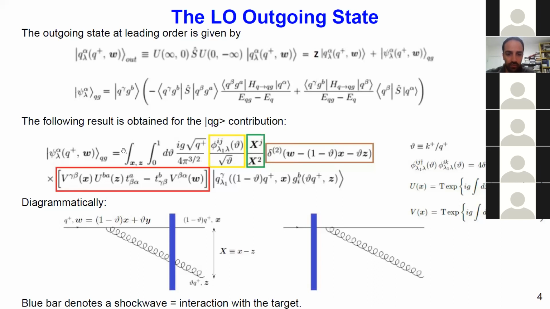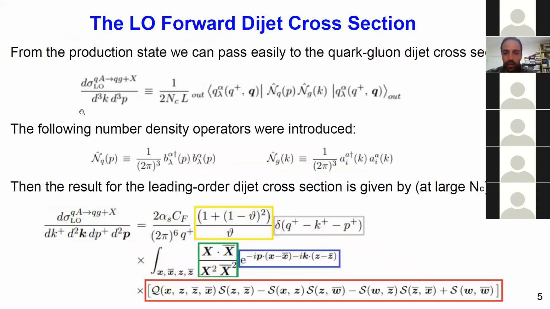Okay, once we have this state, we can compute the cross sections, and we do it by plugging it inside the following definition of the cross section. As we just saw, the leading order cross section comes from an initial quark and an initial gluon, which initiated the jet process.